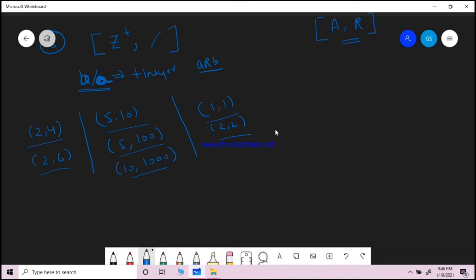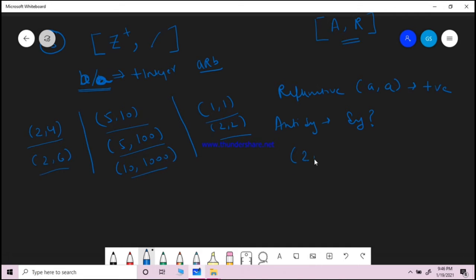Now let's see, is the reflexive property satisfied? Yes, as for any diagonal element, any number divided by itself will give you a positive number. Okay? Next, if you want to check for anti-symmetry, then you have to see that symmetricity fails. So what is the status of symmetricity?